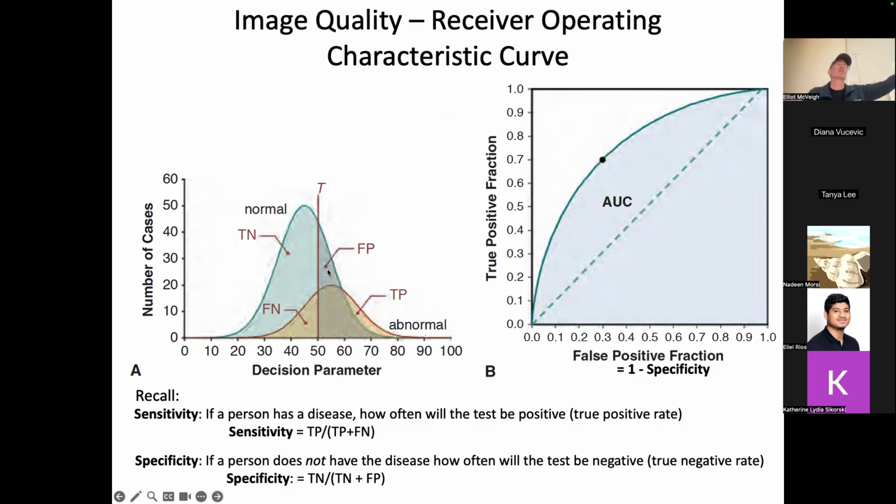I call them positive, but they came out of the normal group. And so that's the false positive. This group is true negative, right? Under the blue here, below the threshold, and this is false negative. So these are coming out of the positive distribution. Because they're below my threshold, I call them negative. I get it wrong. Okay. So that's the definition graphically of where those calls come from.